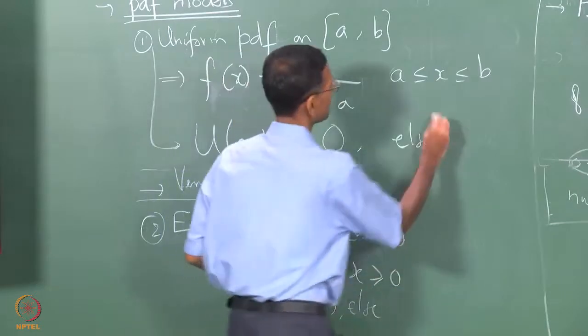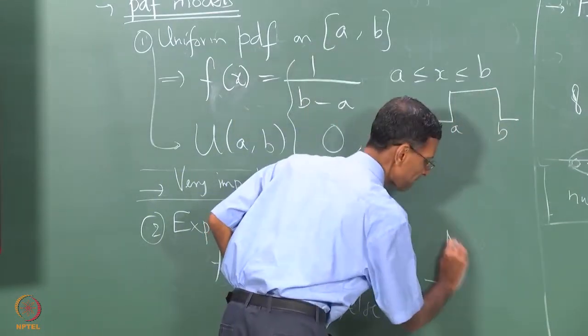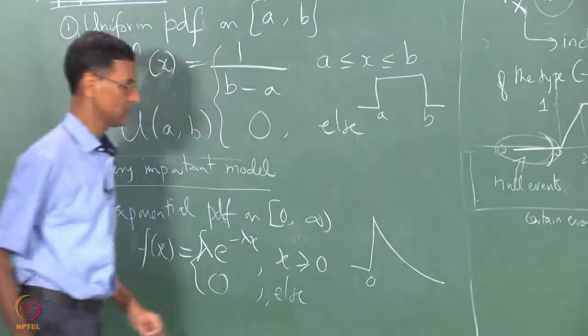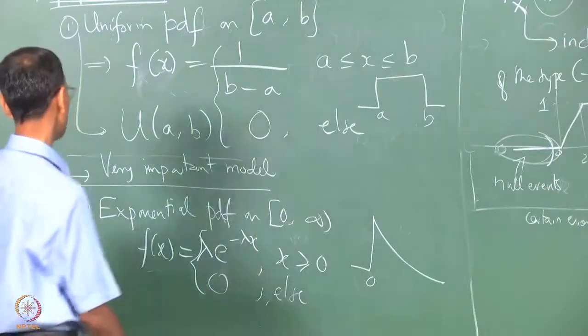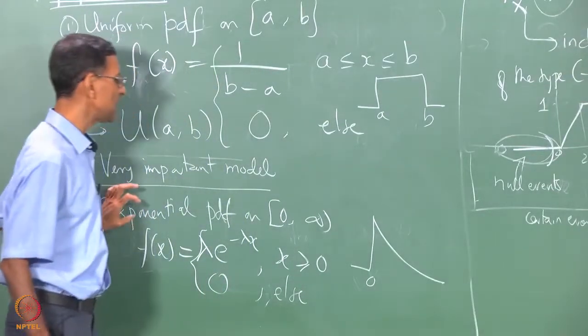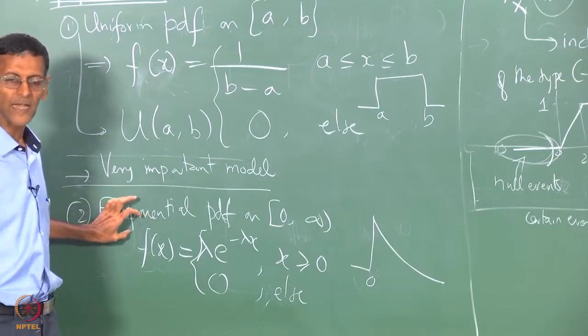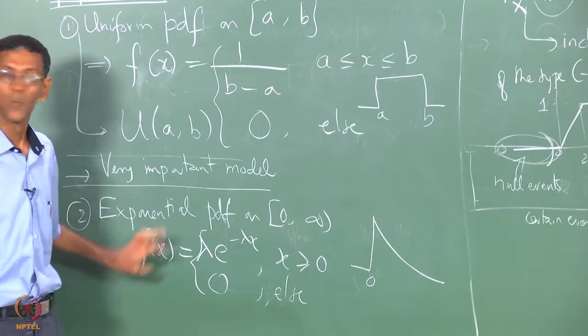If you think of this as A, B like this, this is 0. So any random variable with this PDF clearly has 0 probability of taking on any values in a negative interval.